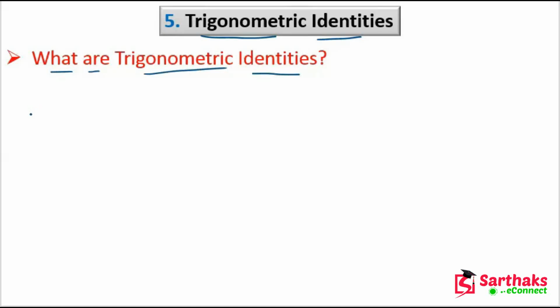Trigonometric identities are useful whenever trigonometric functions are involved in an expression or an equation. Trigonometric identities are true for every value of the variable occurring on both sides of the equation.